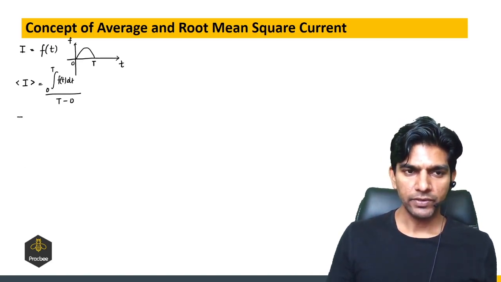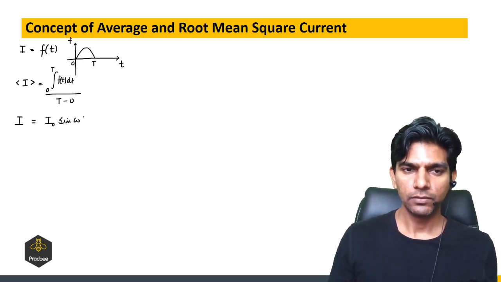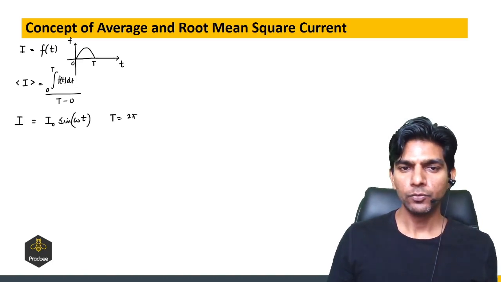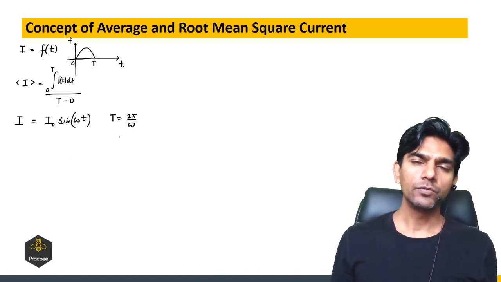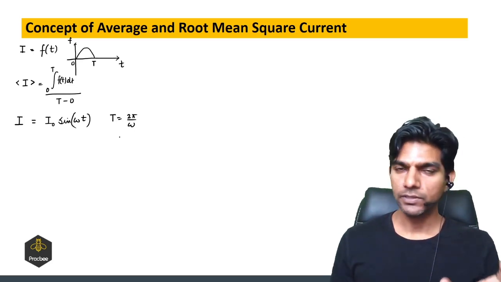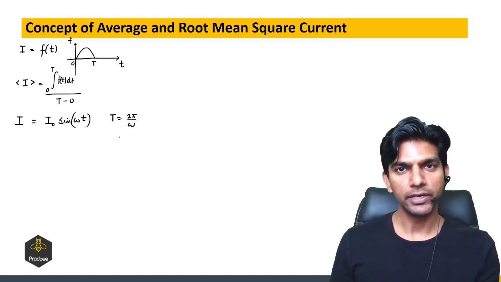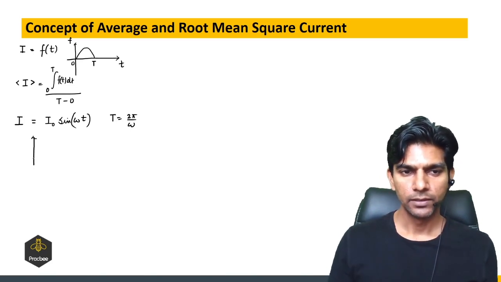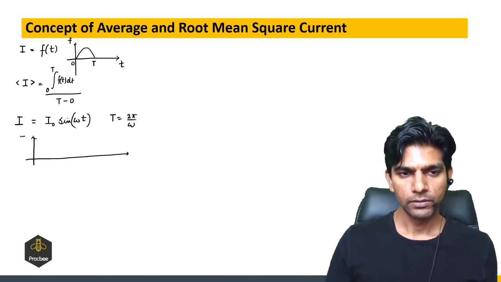Now let us see if we are given a function as I naught sine omega t. In this case, the time period is 2 pi by omega. And let us say we want to find the average value of this function in 0 to T by 2, in half of the time period. First, let me plot the graph. This is I and this is t.